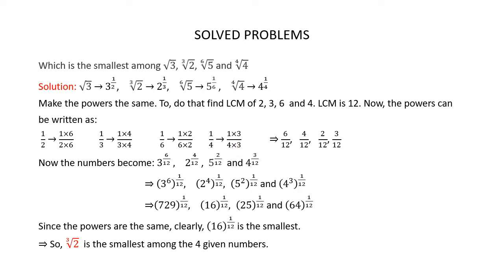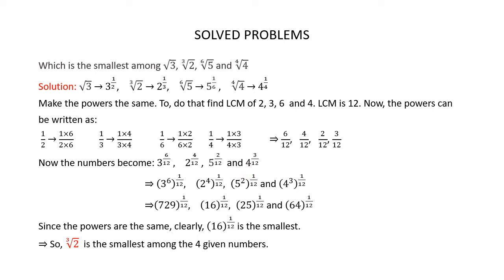So now you have the powers as 6 by 12, 4 by 12, 2 by 12 and 3 by 12. So the numbers now become 3 raised to the power 6 by 12, 2 raised to the power 4 by 12, 5 raised to the power 2 by 12 and 4 raised to the power 3 by 12.